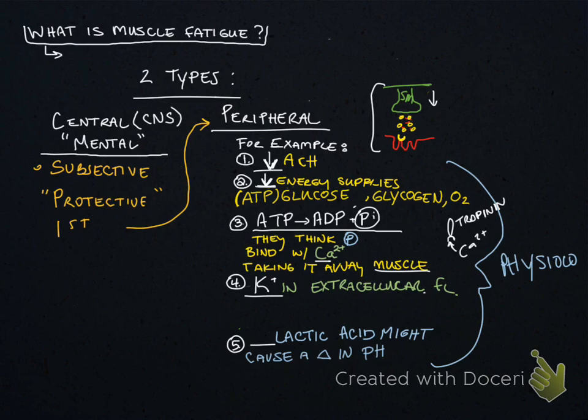They think potassium gets out of those nicotinic receptors, changing the membrane potential. And then the last one is an increase in lactic acid might actually change our body's pH. So all these we can see are physiological, while this is particularly psychological.